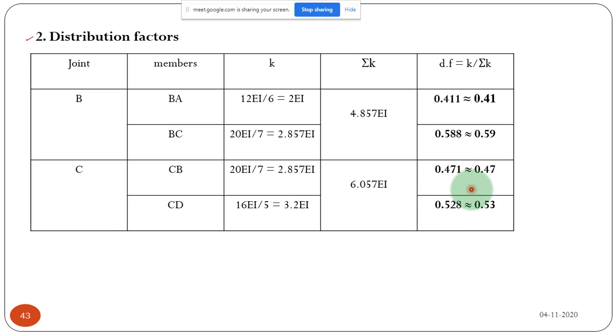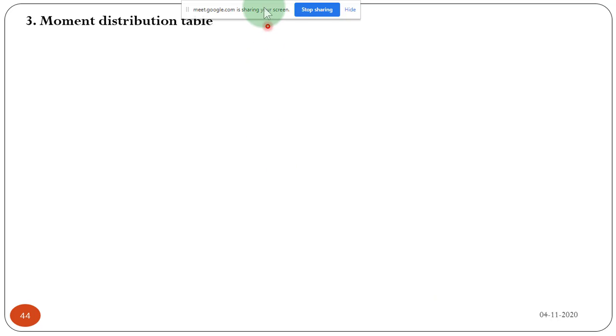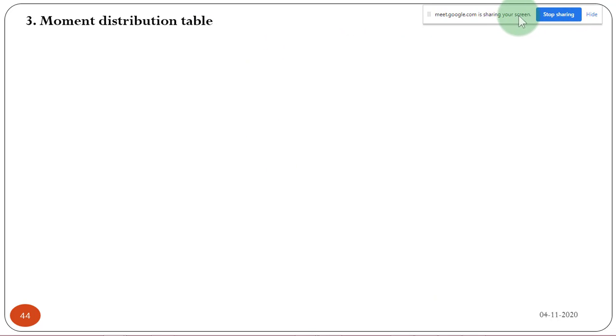The sum should always be equal to 1. That is the second step. The next step is the moment distribution table. That is our third step. Let us do that, the moment distribution table.